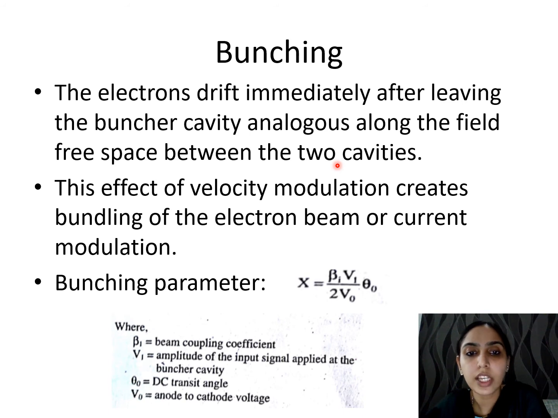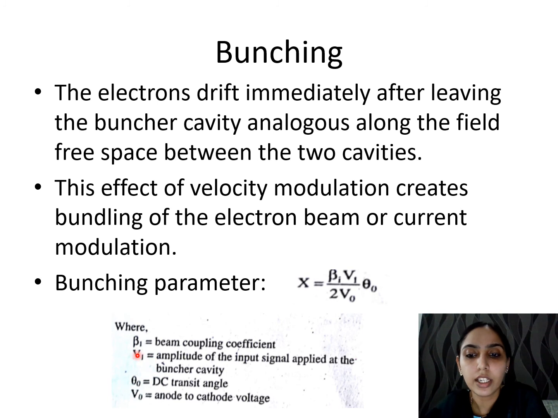The effect of velocity modulation causes this bunching of the electron beam, or current modulation. Maximum bunching takes place at the center between the cavities. Now we define the bunching parameter capital X as beta i V1 by 2 V0 theta 0.